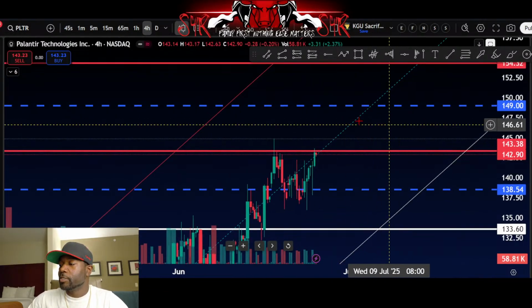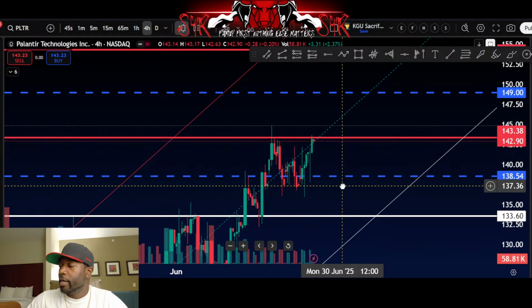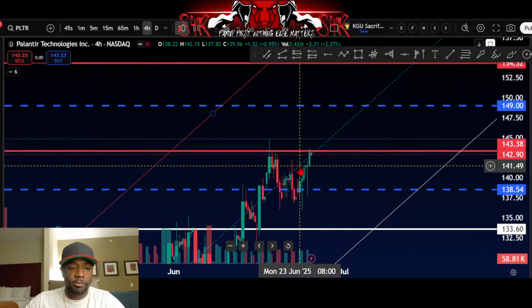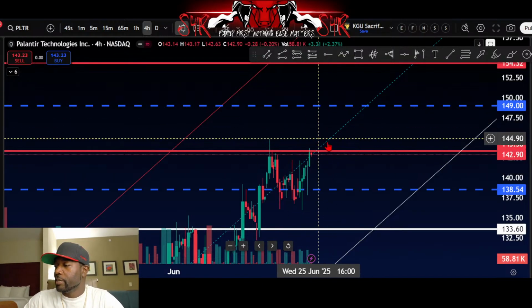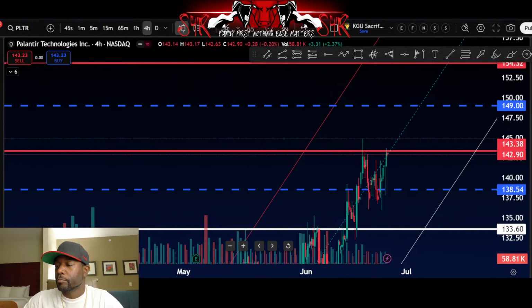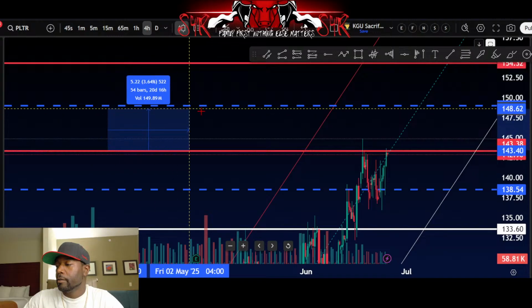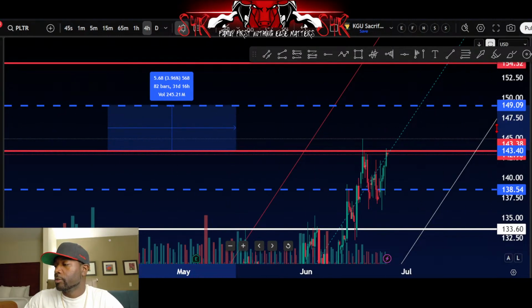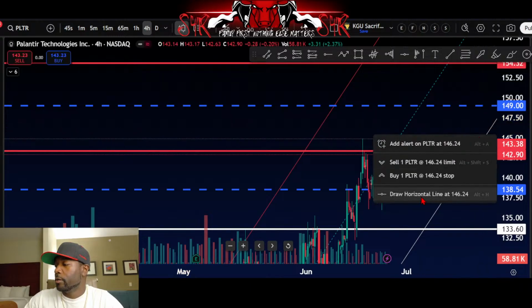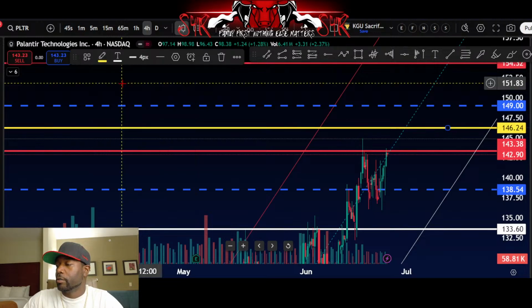Now there are levels in between, but when you see red, white, and blue on my chart, these are pretty much your absolute max take profit targets. Likely, you'll see resistance here at 146.24, and I indicate these with a yellow marker.